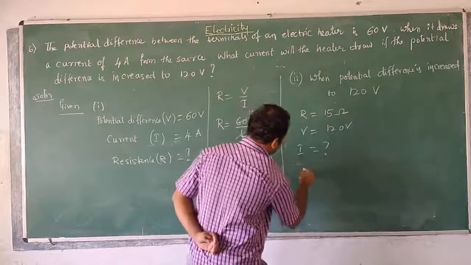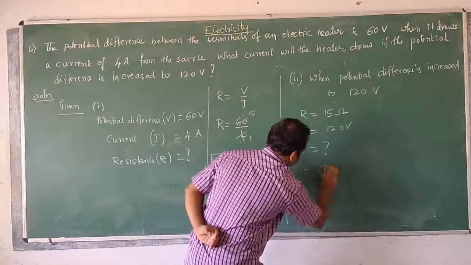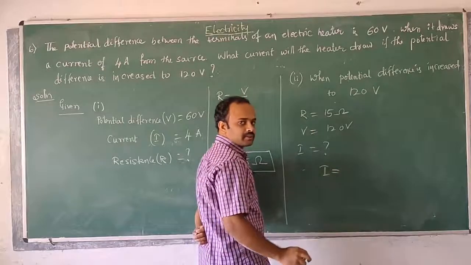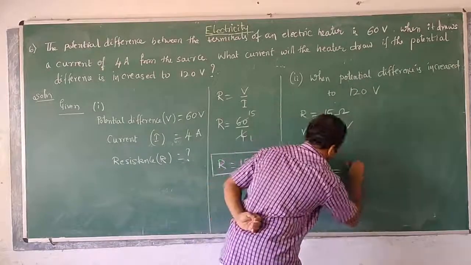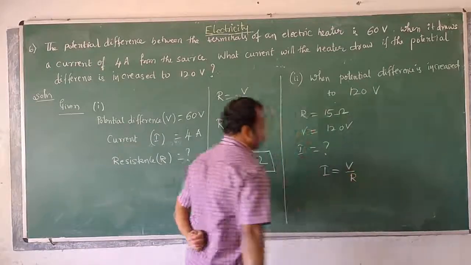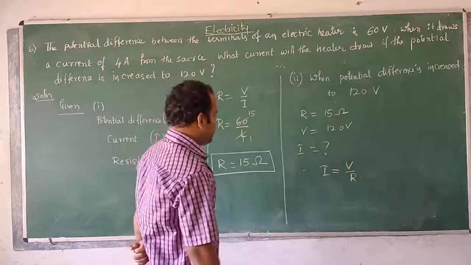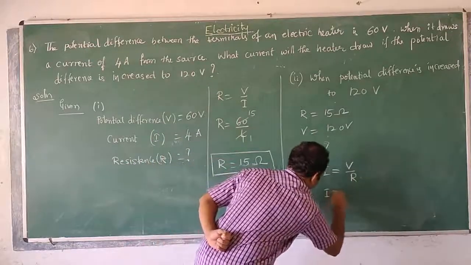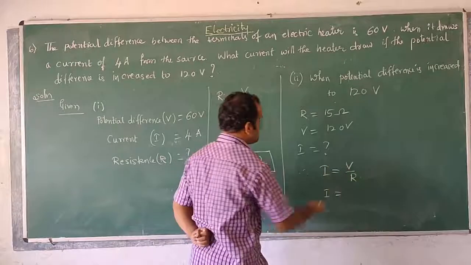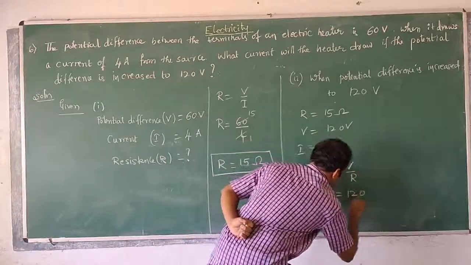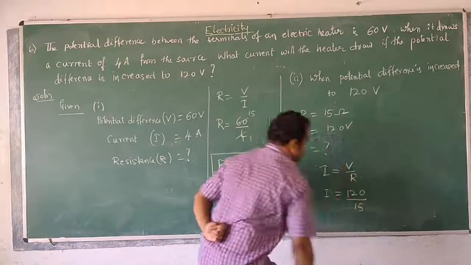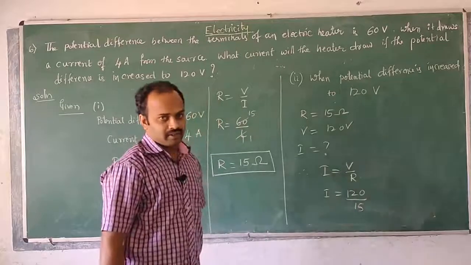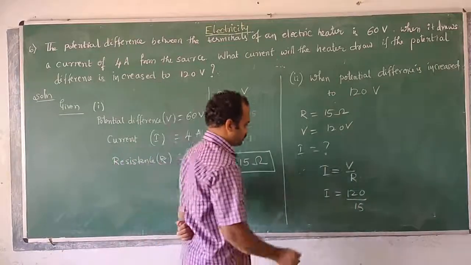Therefore I equal to formula V divided by R. Therefore I equal to V, which is 120, divided by R, which is 15.